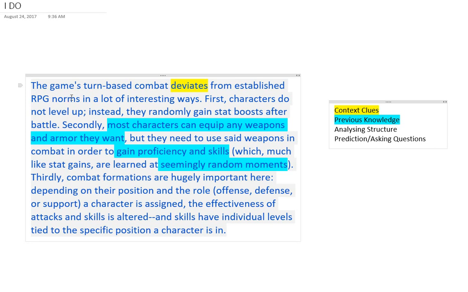Well, given that through previous knowledge I have a better understanding of what this writer might mean by RPG norms, those things we usually see, I think I can infer that deviate means something like to break away from. So if we imagine that in this place we put break away from, the game's turn-based combat breaks away from established RPG norms in lots of interesting ways. Yeah, I think that sounds right. I think I can use the context clues to better understand that topic sentence.